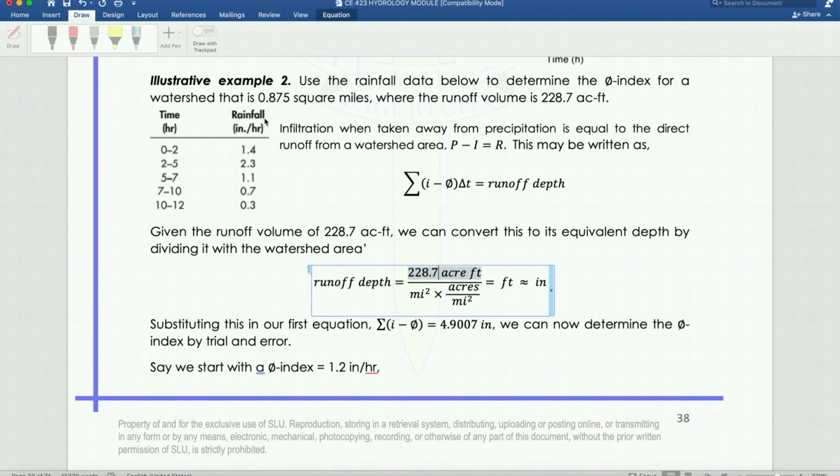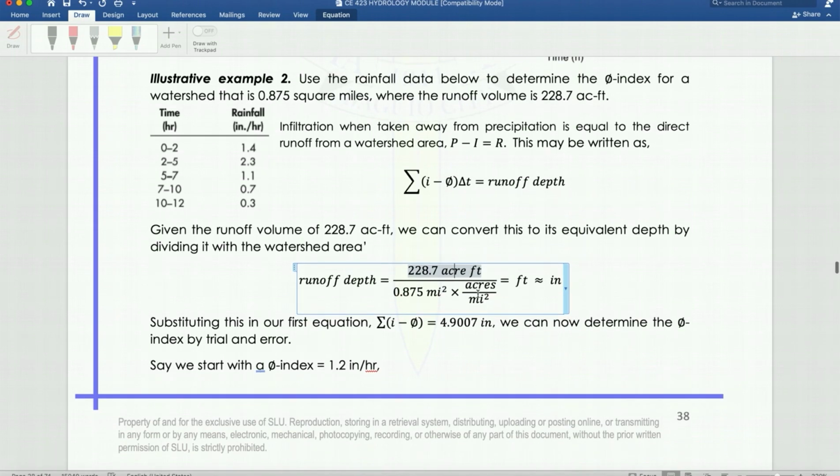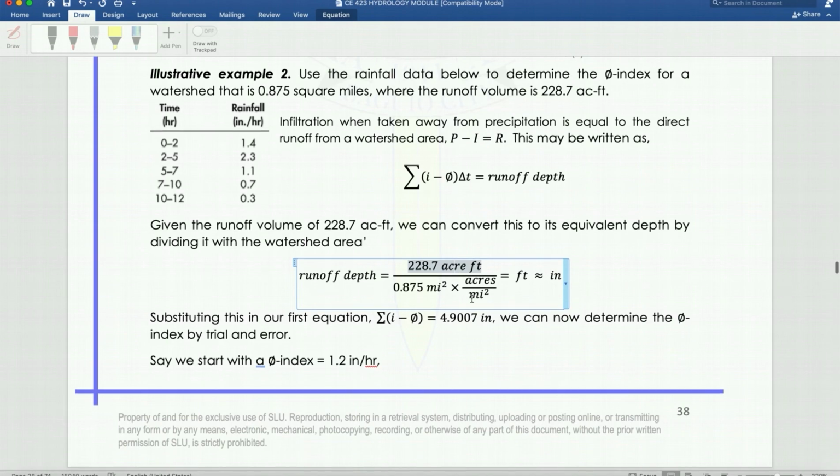So what is the area of the watershed? It is equivalent to 0.875 square miles. But take note here that our units should be consistent. It should be in acres or miles; it cannot be acres and square miles.